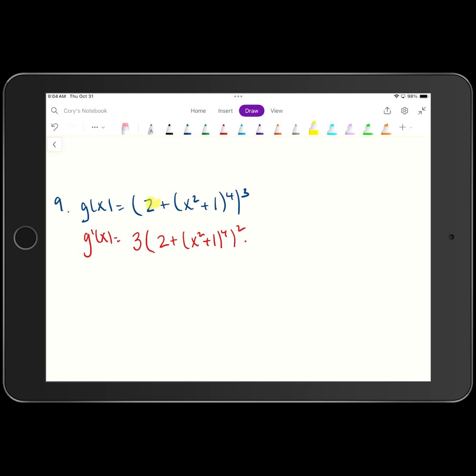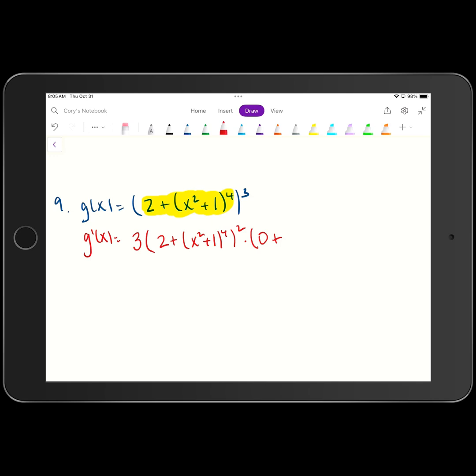So my inner function here is that entire highlighted function. Okay, so when I take the derivative of that, the derivative of 2 is 0 plus, if I want to take the derivative of x squared plus 1 to the 4th power, I have to use chain rule on that because that is a composite function.